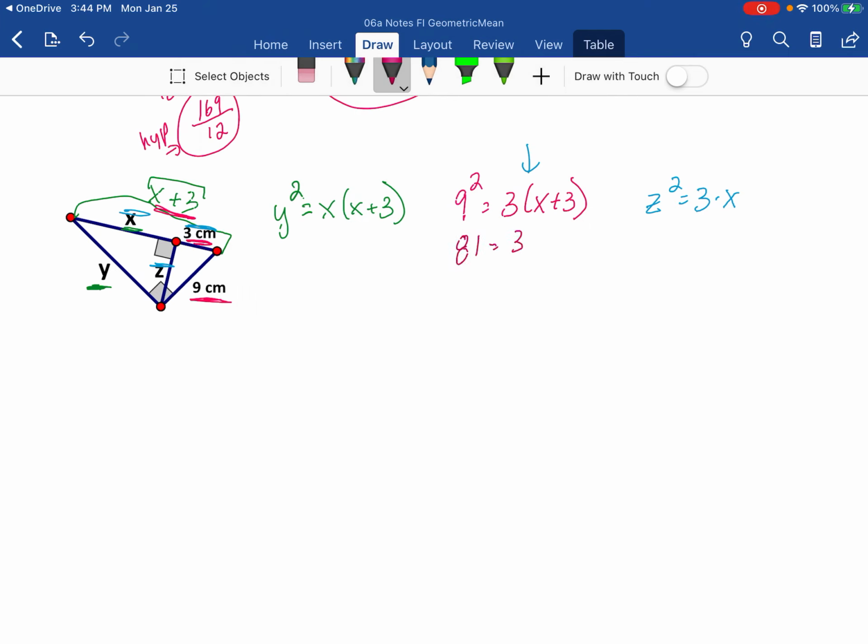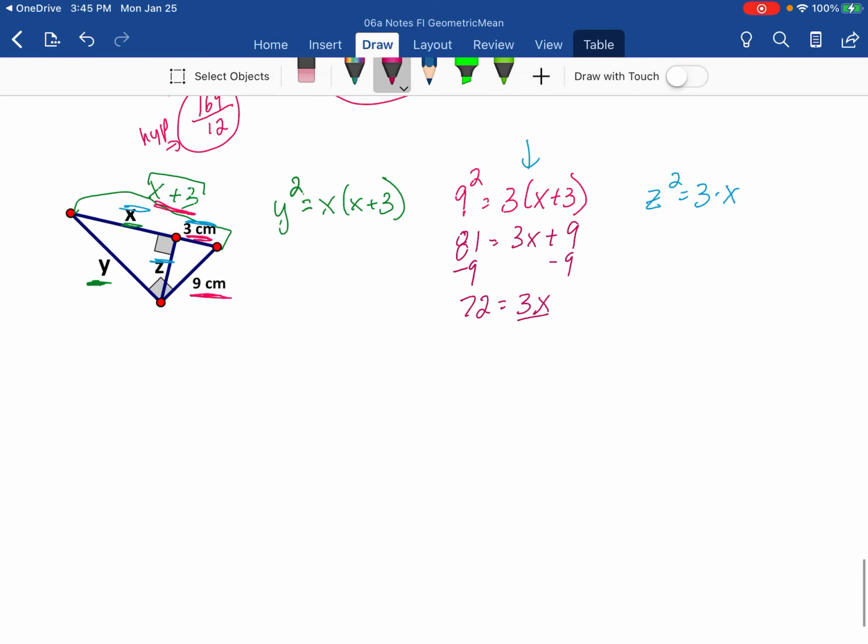So this can be 81 is equal to 3x plus 9. 72 is equal to 3x. So when I divide by 3, that's going to be 24.